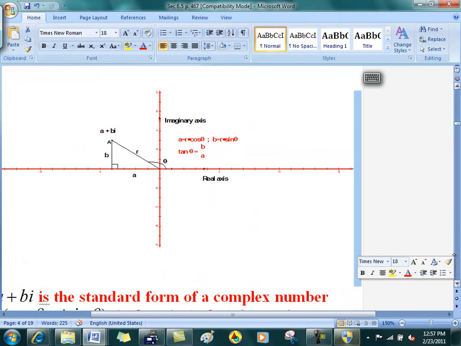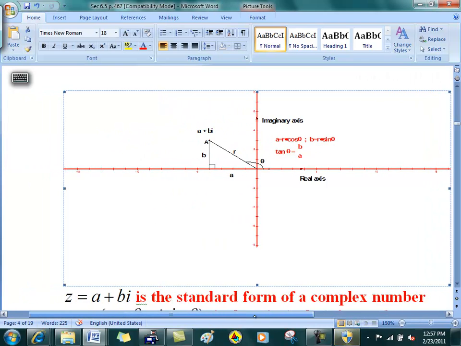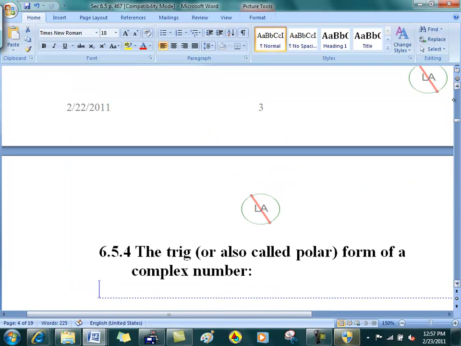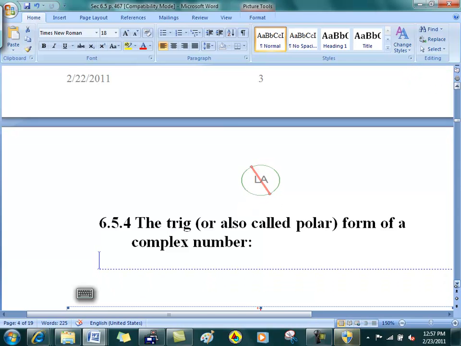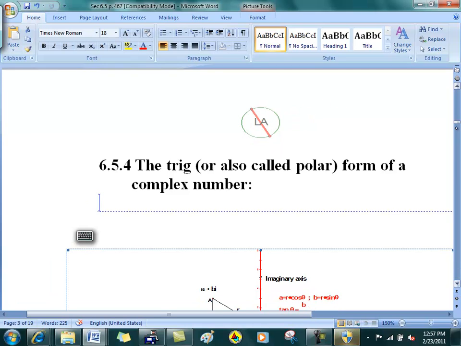Whoa, what the? The problem with this is that my scroll bar is too small, so I can't seem to grab this scroll thingy here.